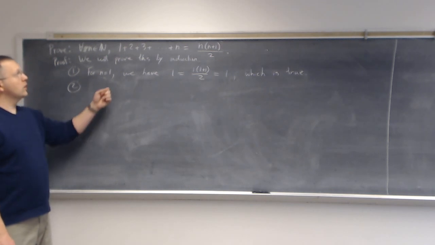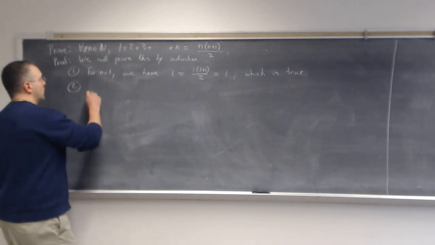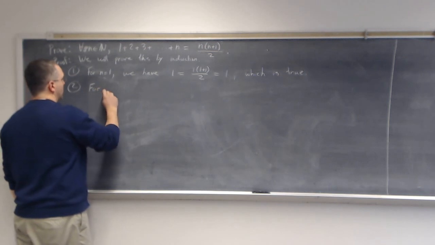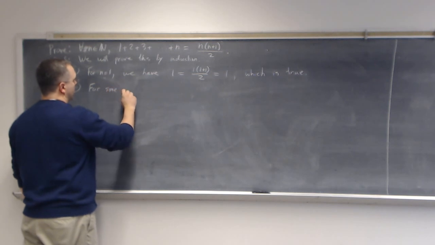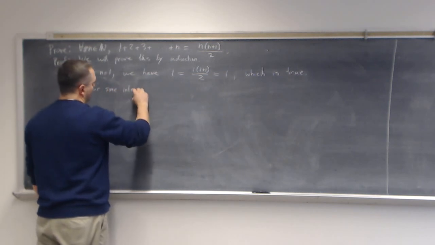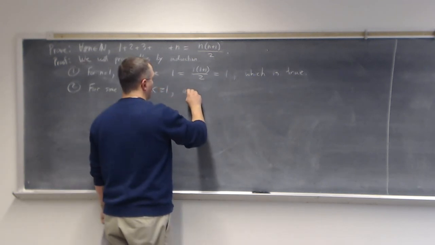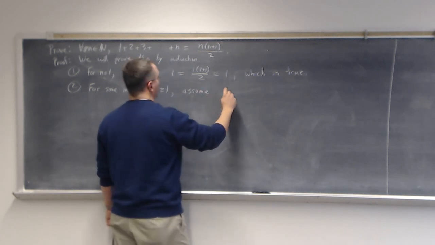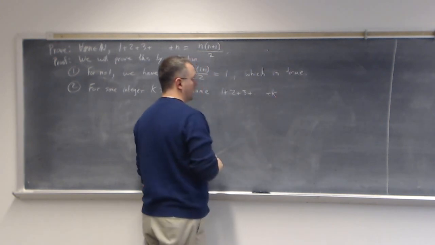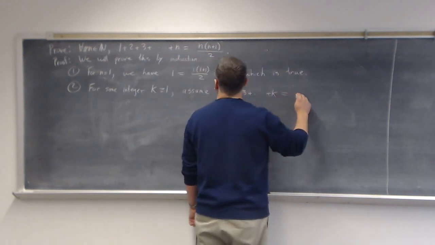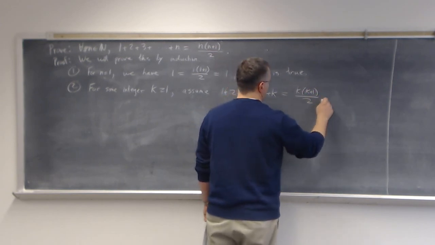Now the inductive step. We're going to assume the statement is true for some natural number k. For some integer k greater than or equal to 1, assume that 1 plus 2 plus 3 plus up to k, the sum of the first k natural numbers, equals k times k plus 1 all over 2.